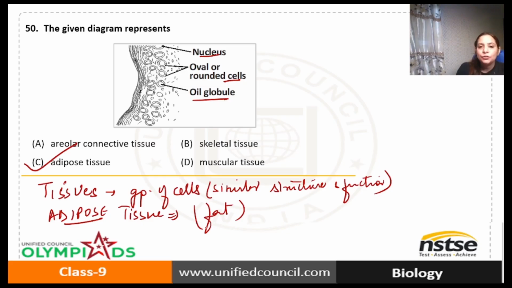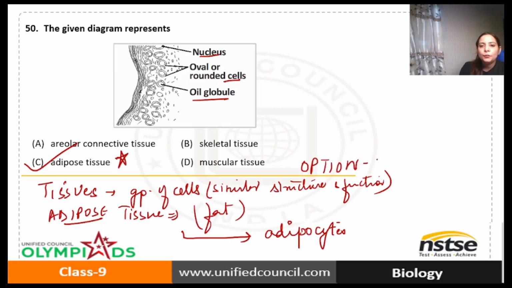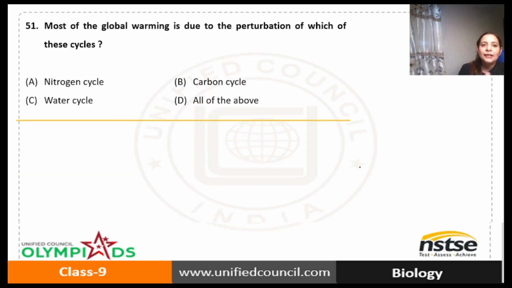Adipose tissue contains cells called adipocytes, which have a big fat droplet inside. So this picture represents adipose tissue, that is nucleus, rounded cells, oil globules. Which option is correct here, students? Option C. Next question.